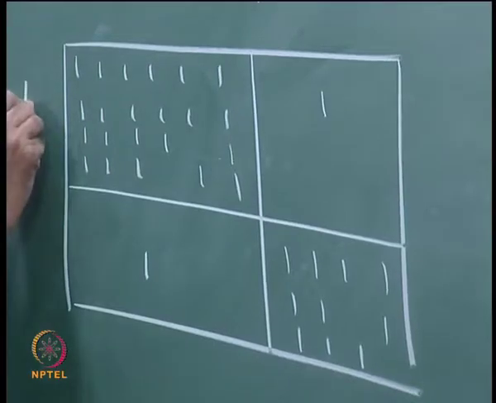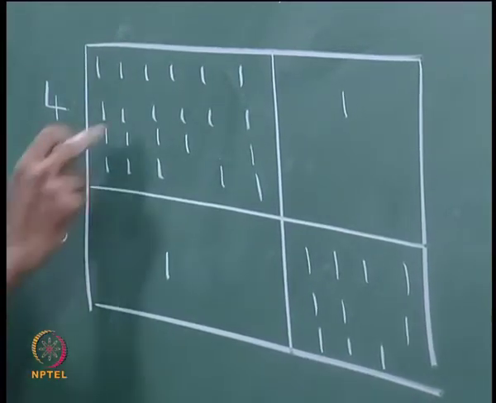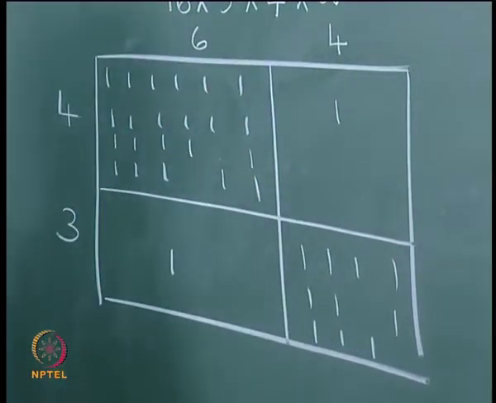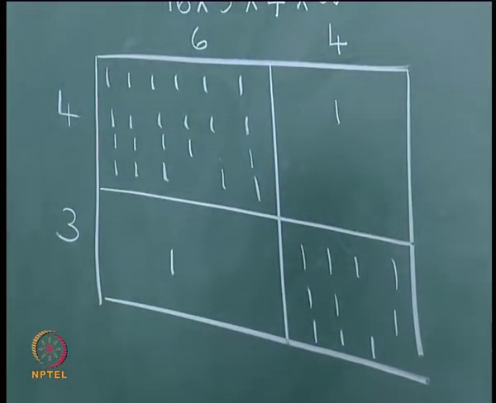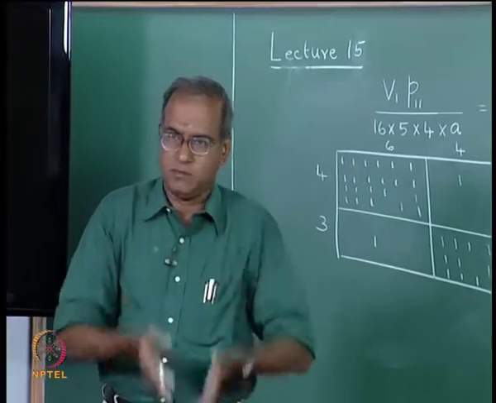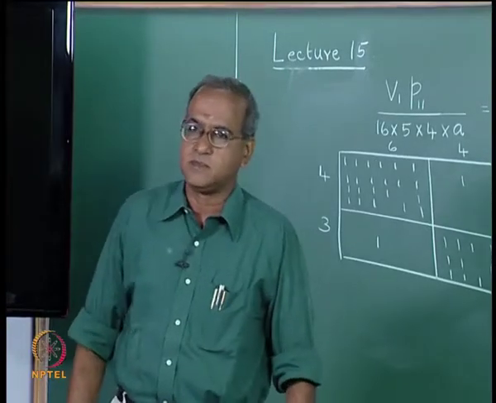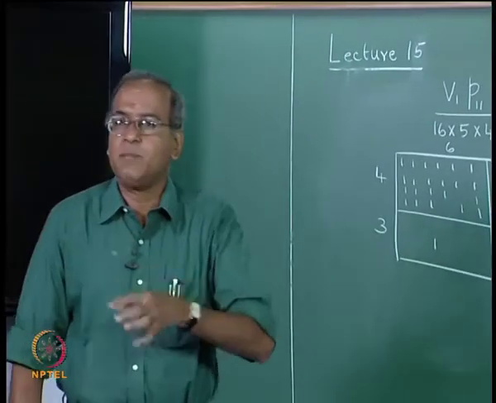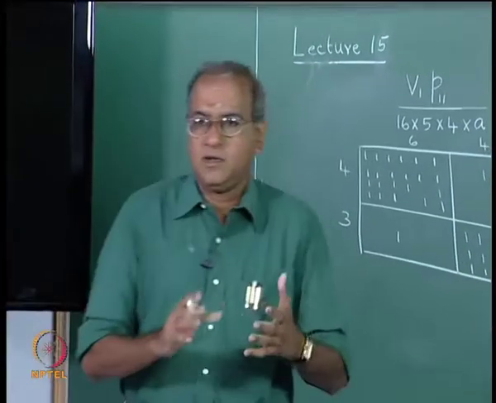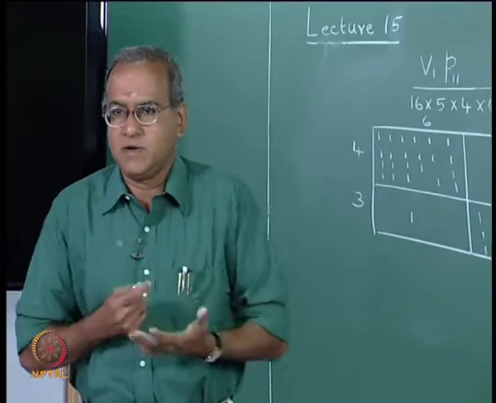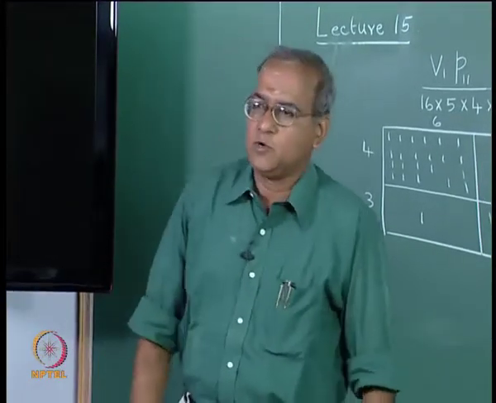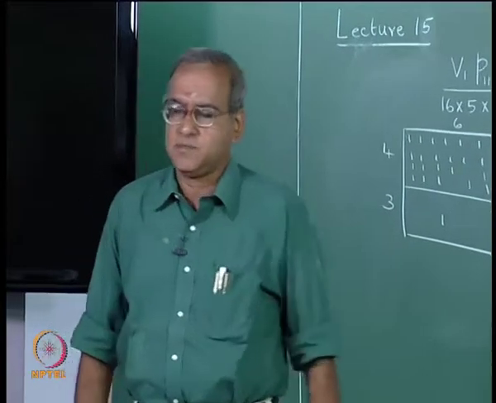We have 4 machines here, 3 machines here, 6 parts here, and 4 parts here. What I wish to point out is, if we had a very large matrix, we would have multiple machine cells and part families, and they all need not be of the same size. In the 6 by 8 example, our solution gave us 2 machine cells each having 3 machines and 2 part families each having 4 parts.